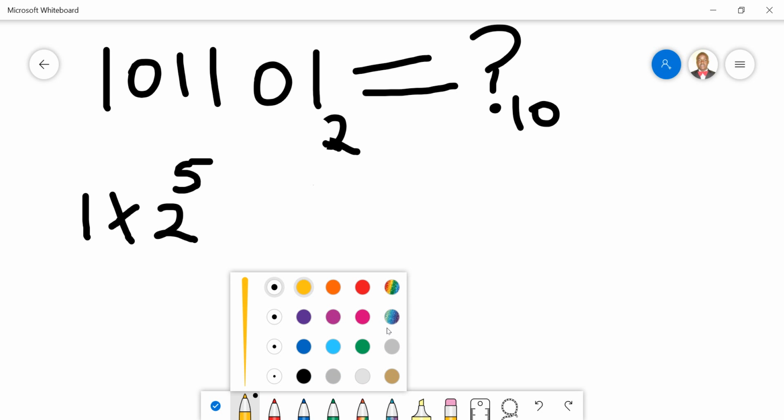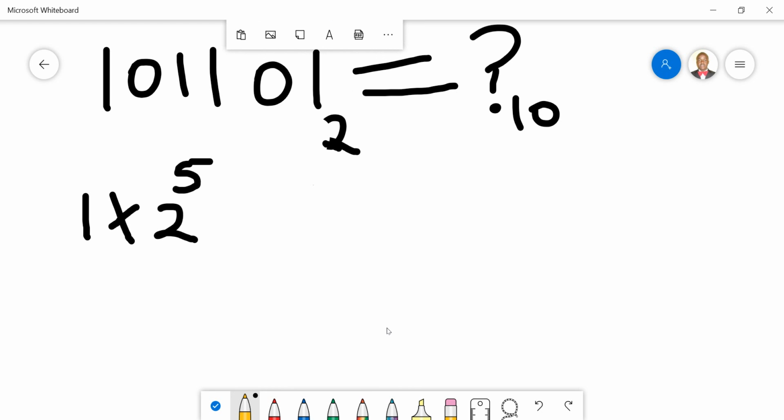So this one means that for the first digit, we count from right to left. So the first is 0. Okay, sorry, I just want to push this one down.